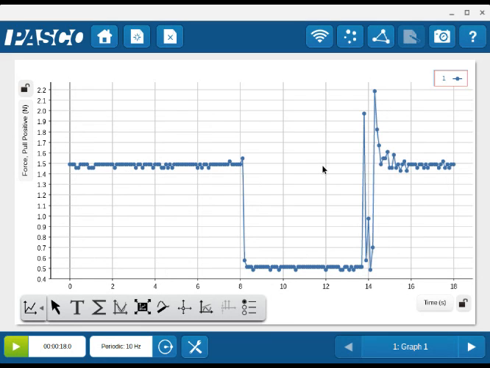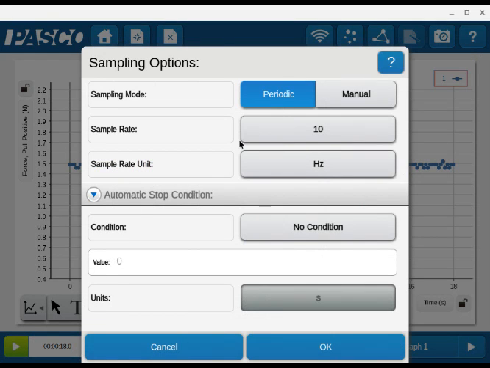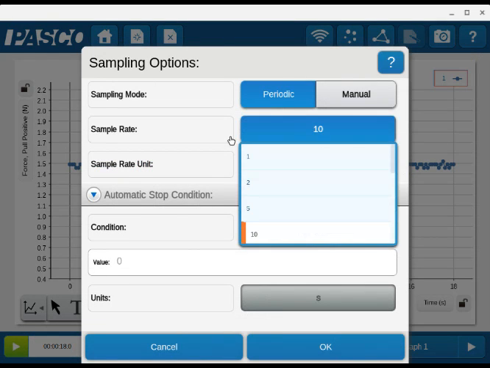What I thought is interesting is, why is the second spike bigger than the first spike? Why is it, Mr. Dalday? I think it's because we have it recording at 10 hertz. That means it's going to go 10 times per second. We can up this sensor to 100 hertz.